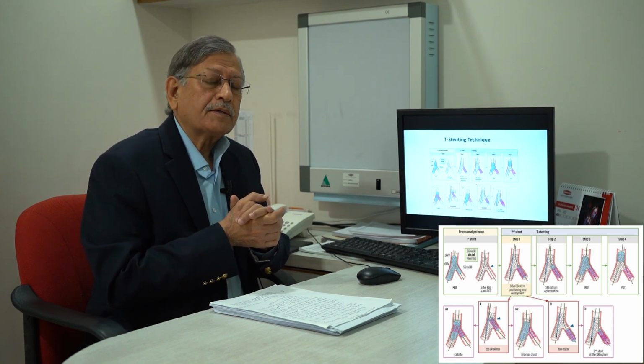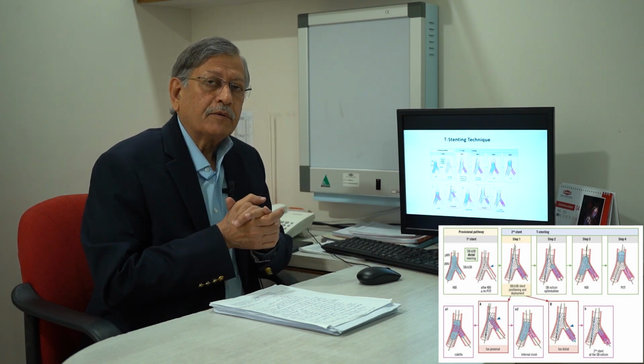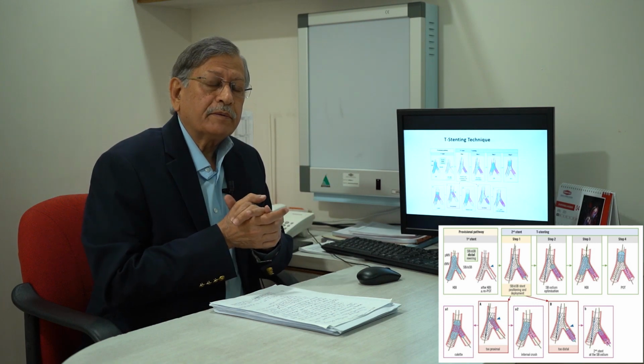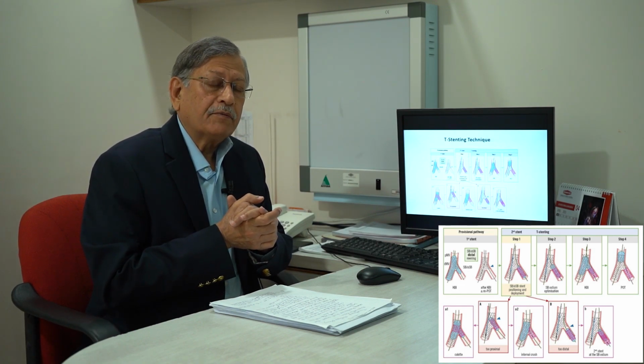Once you cross, you dilate the struts, and once the vessel is open, final kissing balloon is mandatory in all these patients. And of course, this should be followed by POT whenever possible.